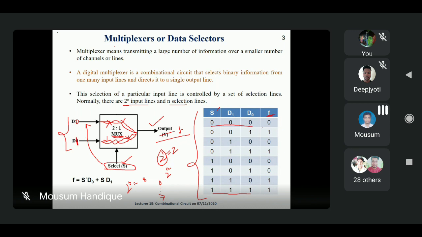So when S equal to 0, that time whatever the value of D0, it is propagated to the output. See here, this S equal to 0, this S equal to 0, and so on. And what is the value of D0? D0 is 0, 1, 0, 1. So the same value appeared in F. This one is also 0, 1, 0, 1.